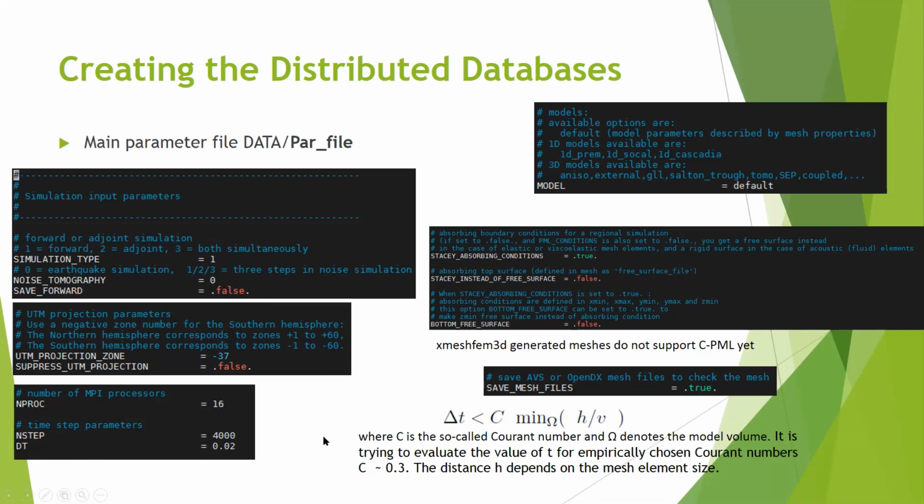So make sure that the time interval in this parameter is small enough, as required by the relationship defined by the neighboring grid spacing and velocities in your velocity model. If you use your defined model, here you can set it as default. But if you want to use another model, this program also provides, like, a one-dimensional PREM model and one-dimensional.